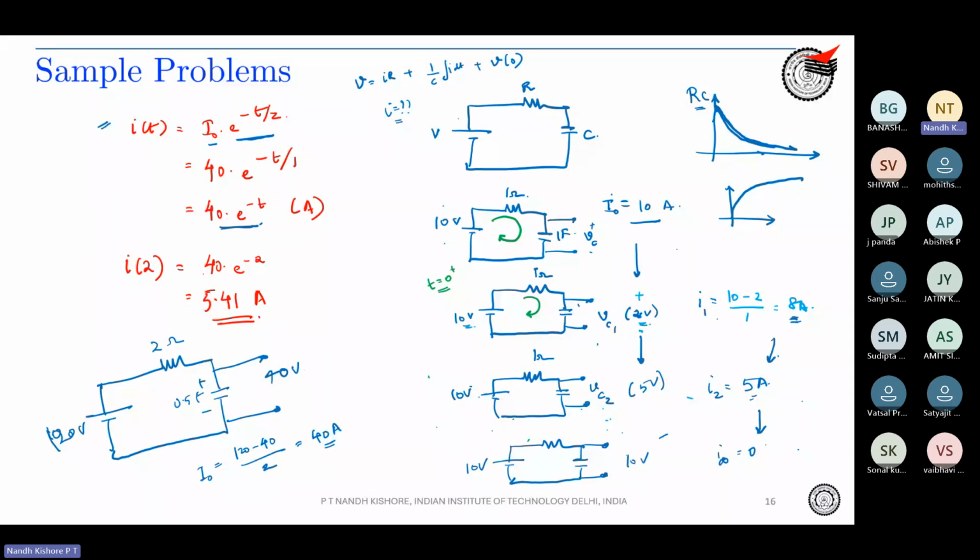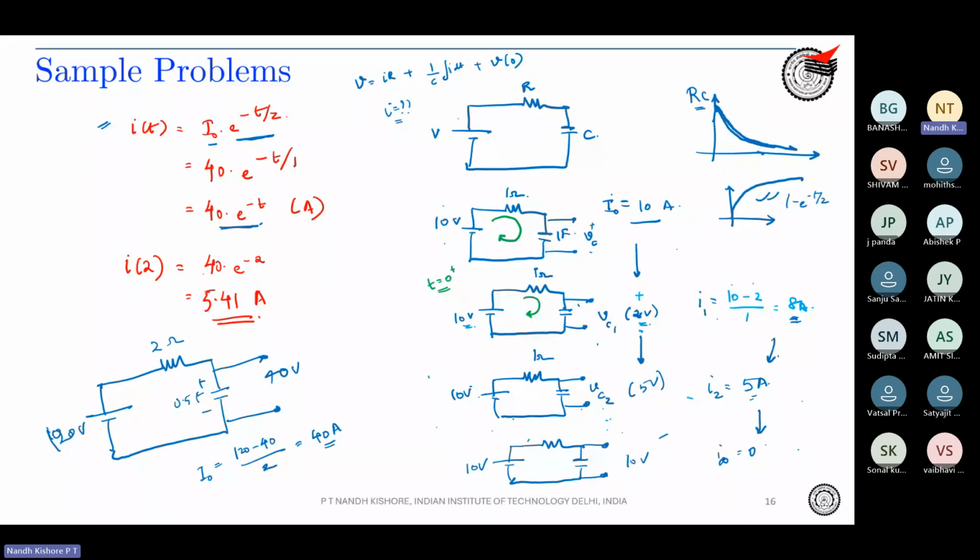You know that the capacitor is eventually going to charge up to the actual DC voltage that you are giving. Since the capacitor voltage increases, the current decreases. The capacitor voltage increases exponentially, 1 minus e power minus t by tau.